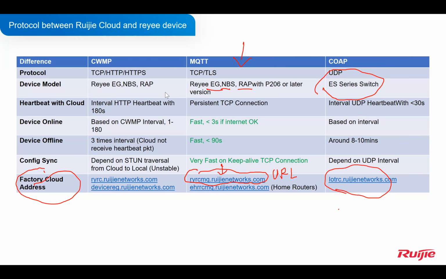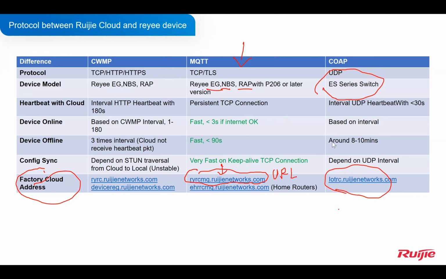So after this, we can learn some details about the MQTT, CWMP and COAP protocols. For the CWMP, actually, it supports the Reyee EG, MBS and IP devices before the P206 version, and after the P206 version, we use the MQTT protocol.